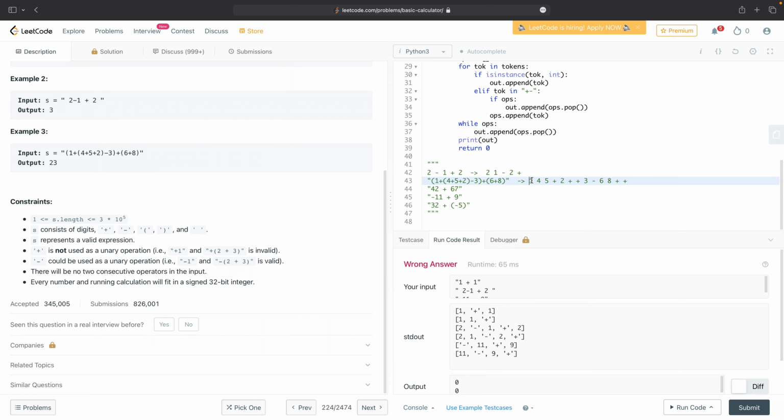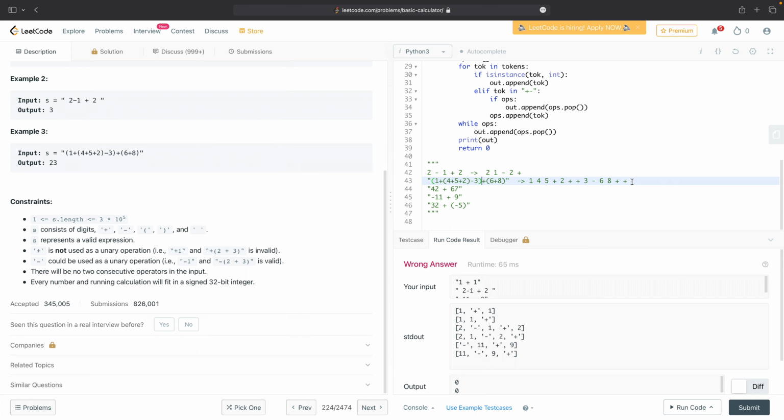So the idea here was the 1 needs to be added to something, which is actually this chunk here, because that's what's in the parentheses. So I move the 1 to the output, and I think what I need to do is put this parenthesis onto the ops stack, and when I see a close parenthesis, clear the ops stack down to the open parenthesis.